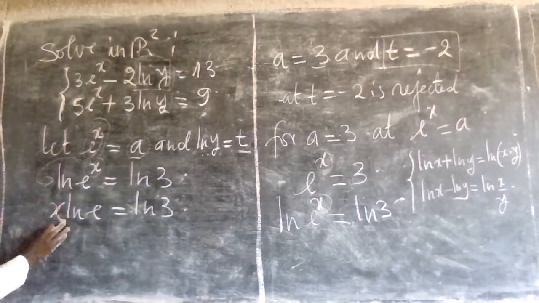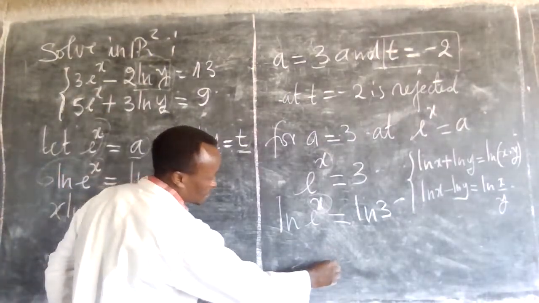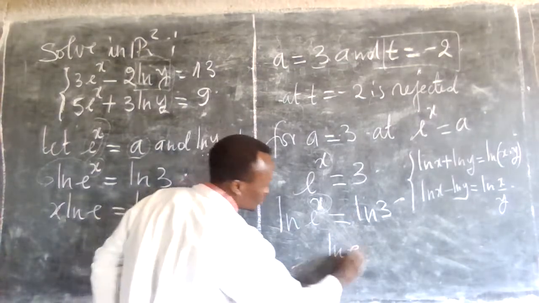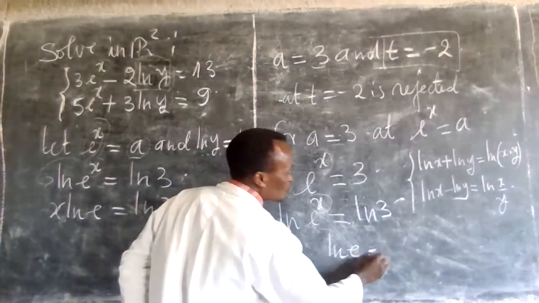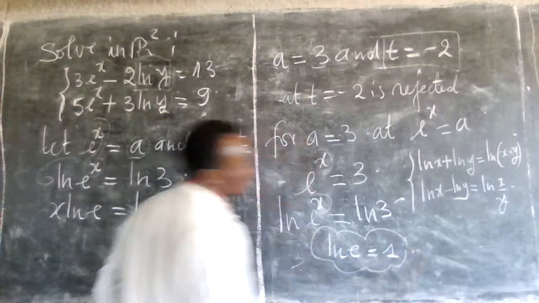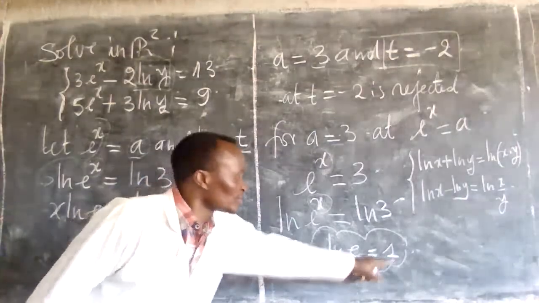Remember, I also told you about the properties of ln. If we have, for example, ln of e, it is equal to 1. This is an important property.